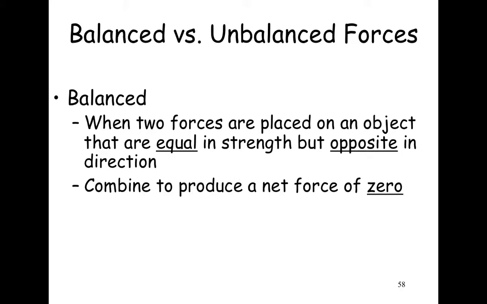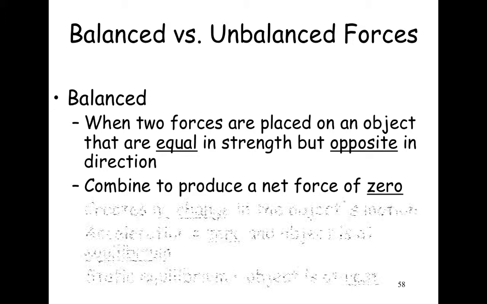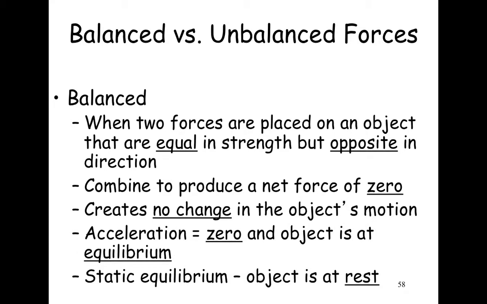The net force that they produce is zero because they have the same strength, same magnitude, but because they're in opposite directions, we subtract them and they cancel each other out. So this will create no change in the object's motion. Therefore the acceleration is zero and the object is at what we call equilibrium.